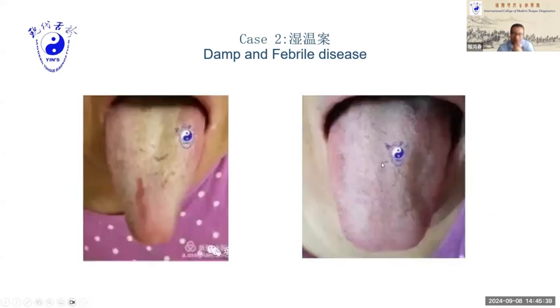This picture was taken after the patient took the first prescription for 5 days. After 5 days, we see the tongue has changed. The midline has come back to the middle, and the white greasy tongue fur has changed to white.